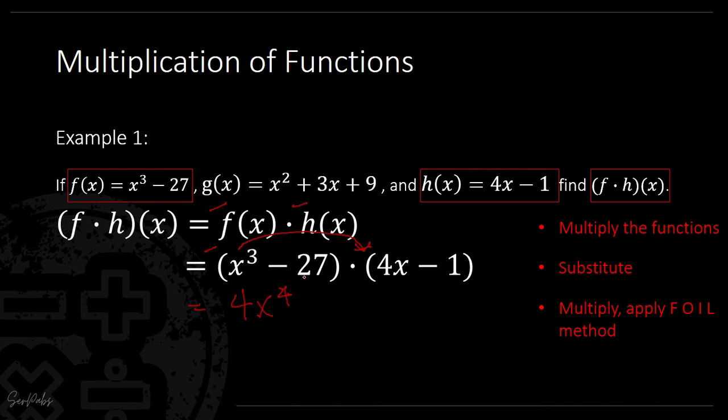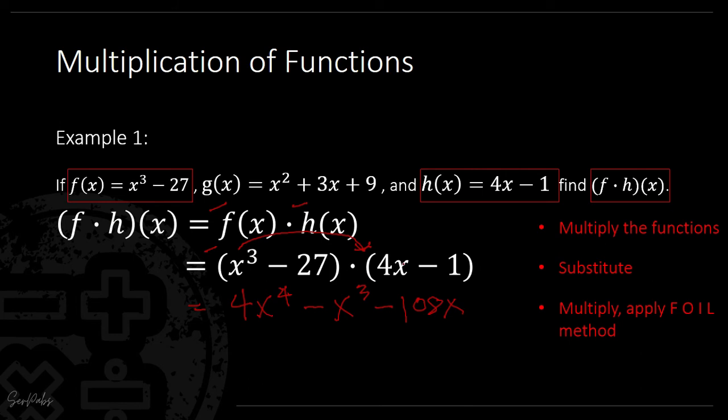Pangalawang minultiply ang outer. So, x cube times negative 1. So, we have negative x cube. Pangatlo, inner. So, negative 27 times 4. So, we have negative 108x.